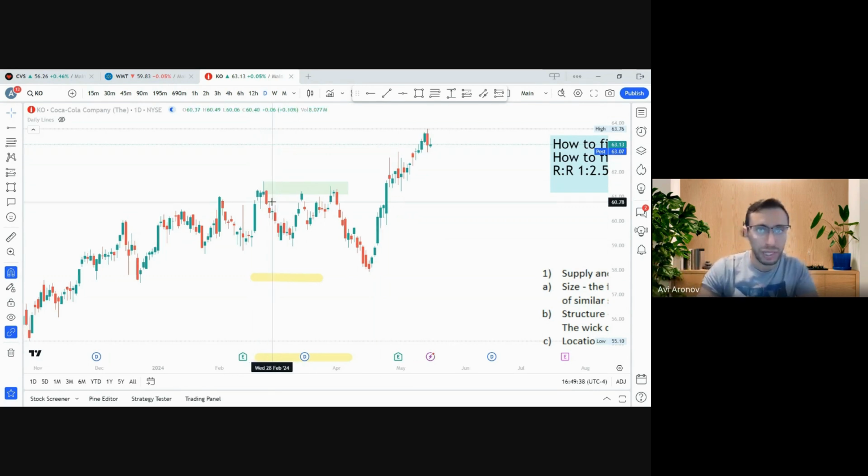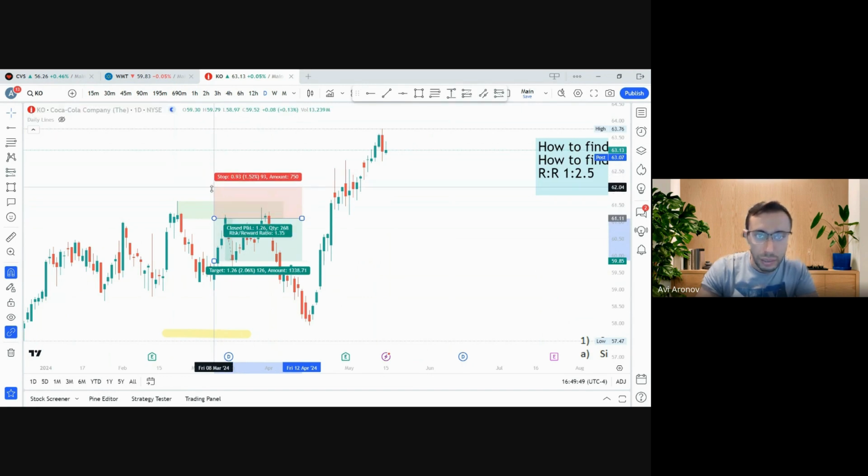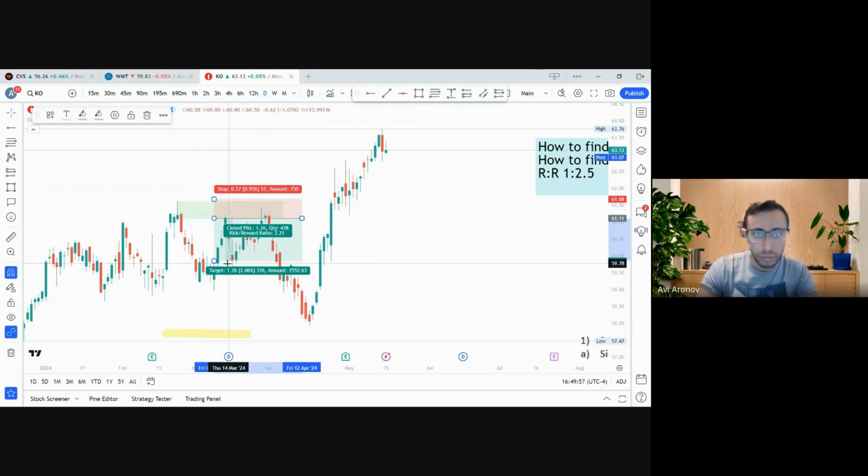So now look what happened, how it worked out perfectly. In hindsight, or in a perfect world, how we would play this: we would put a stop loss above this zone, which would be a minimum of that sort, and we want a 2.5 risk to reward at a minimum.